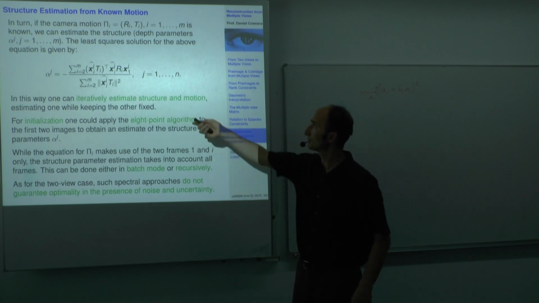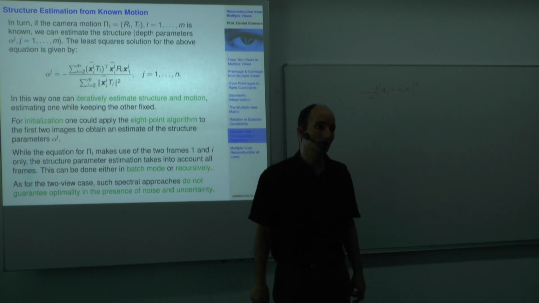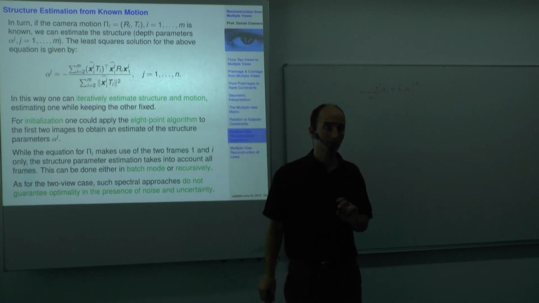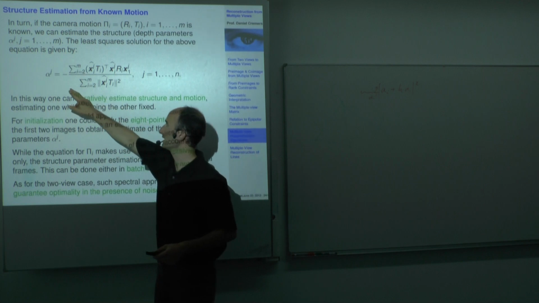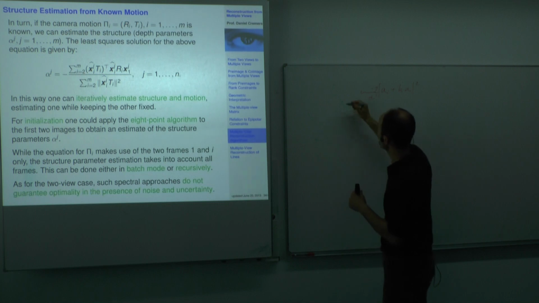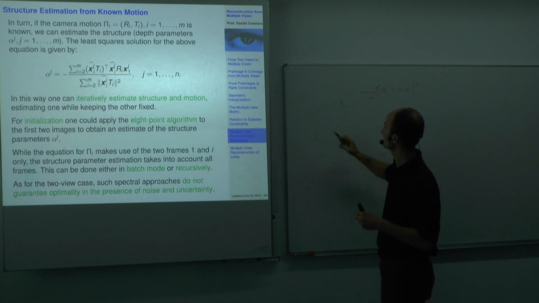I think we may be doing that in the exercises, that you derive that solution, but you just say, find the alpha that gets it as close to 0 as possible in the least squares setting. And so this way we have a solution for alpha, and remember alpha was 1 over the depth. So for this 3D point, the depth is lambda, and lambda is the same as 1 over alpha, so lambda j is 1 over alpha j for the point x_j here.